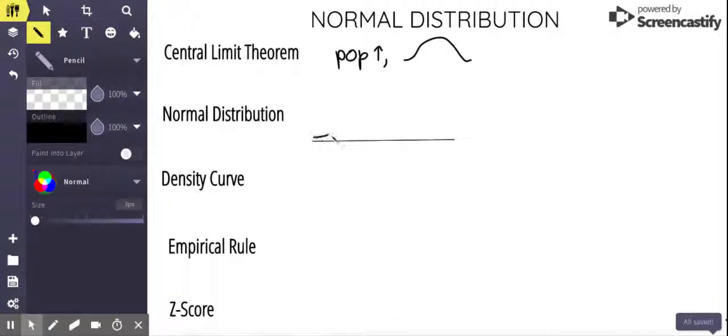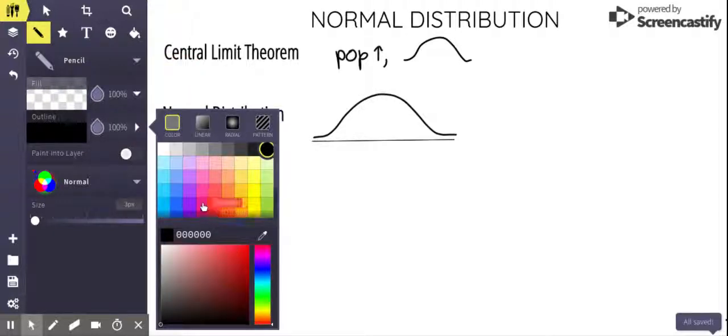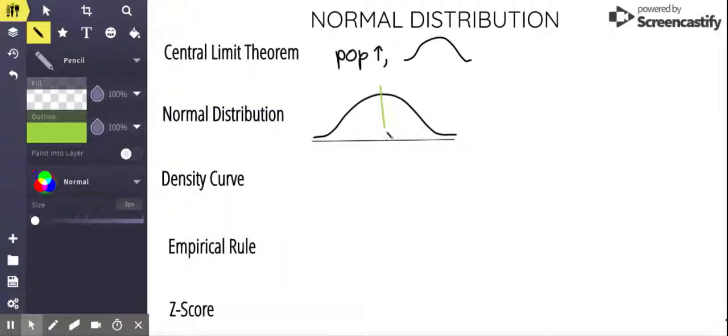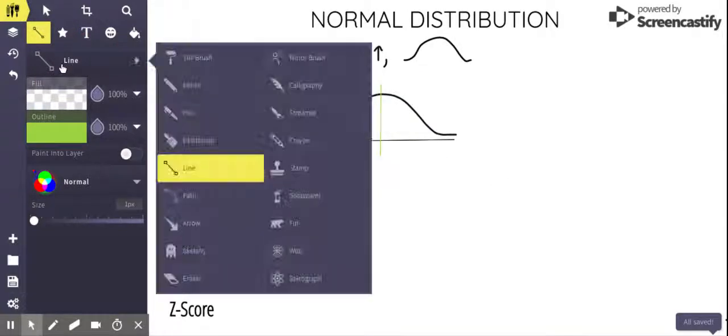Then it's going to look exactly like this. And as you can see, let me do it in a different color, it is perfectly symmetric. And if we want, we can even draw that with a line. And it is bell curved, so it doesn't have any outliers, gaps, or any of those other types of things.